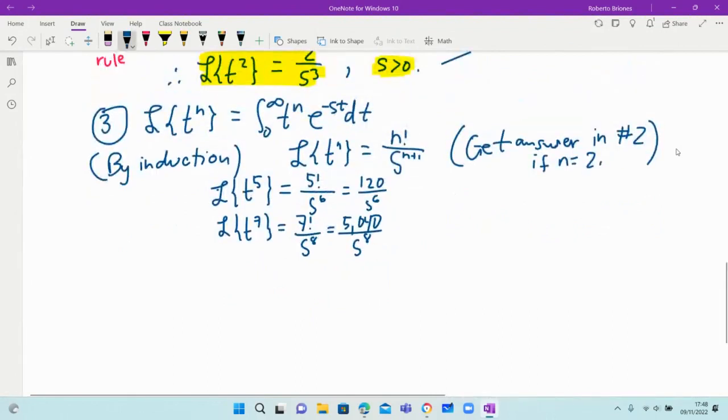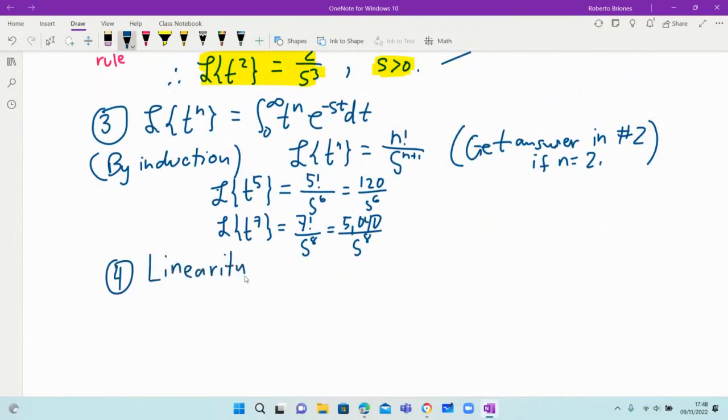And another example I would like to get into tells something about a very useful property of Laplace transforms. And that property is no other than linearity, which basically says that the Laplace operator, the Laplace transform, is linear.